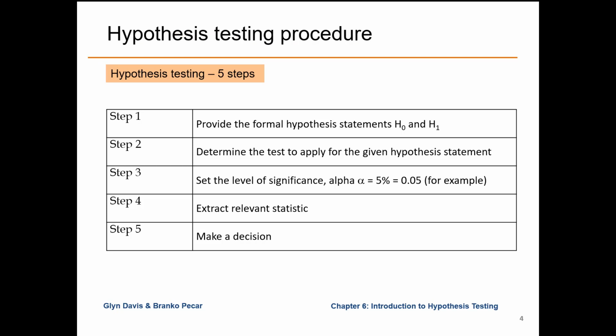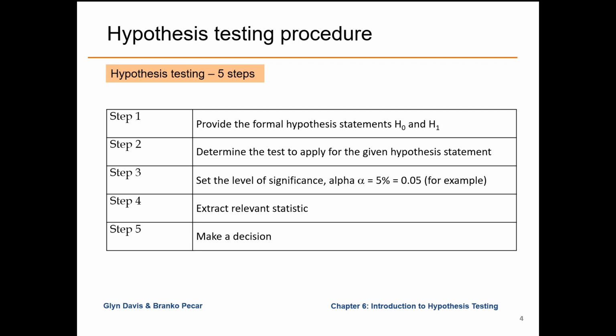So the step procedure for hypothesis testing is: step 1 is state your formal hypothesis. What is your null hypothesis H0? What's your alternative hypothesis H1? Step 2 then is, based upon the data that you're given and the type of hypothesis that you're doing, determine the test to apply for the given hypothesis statement.